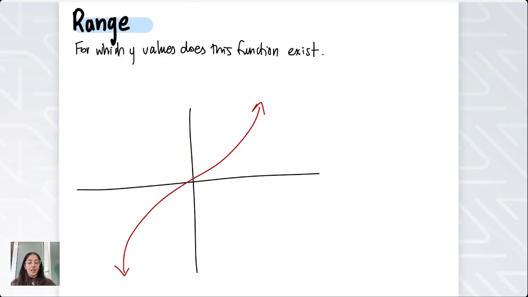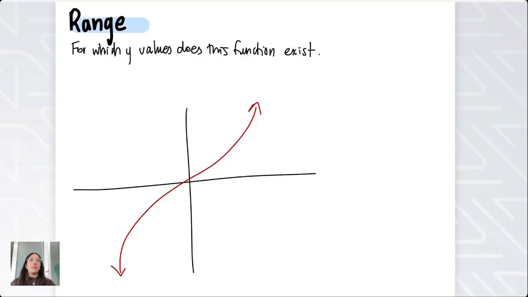Whereas Ava, if I ask you, if this is a 4, are there some y values that don't exist for this function? Y values, be careful, not x values. Are there any y values that don't exist on this function? Remember, it's a parabola that always goes up.